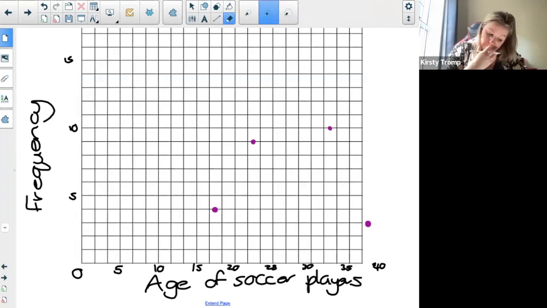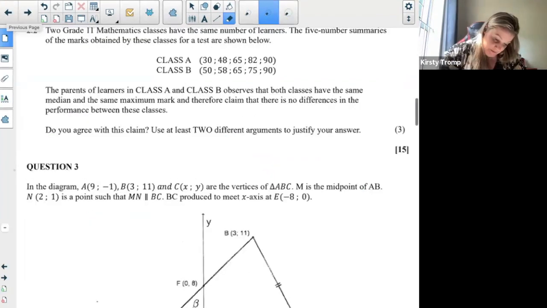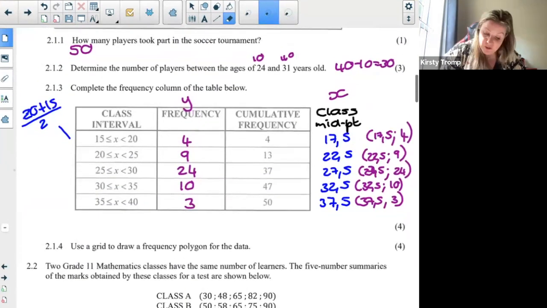All right. Now, when I'm doing a polygon, I always need an anchor. I need to have a thing that's going to be on the ground, an anchor. Where am I going to find the anchor? Well, if I go back to my graph, what did I notice? What was I going up in? 17,5, 22,5, 27,5, 37,5.